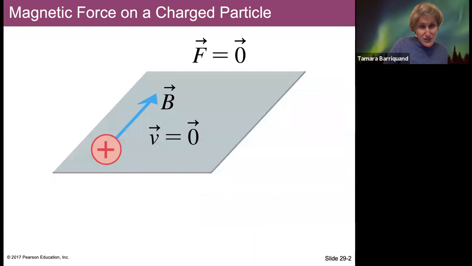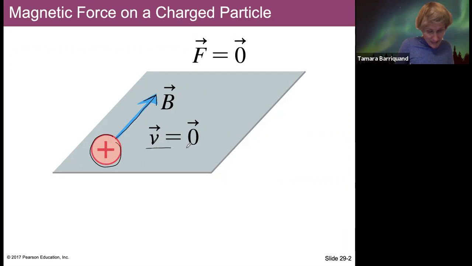The first one we'll start with is a positive charged particle in a magnetic field. The direction and magnitude of the magnetic field is indicated by this blue arrow, which shows the vector of the magnetic field at the point where the charged particle is. This charged particle is not moving.